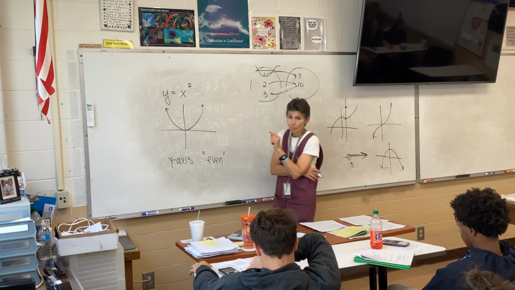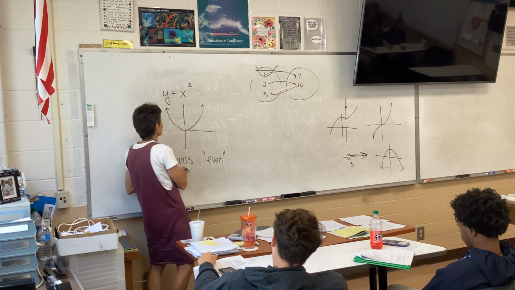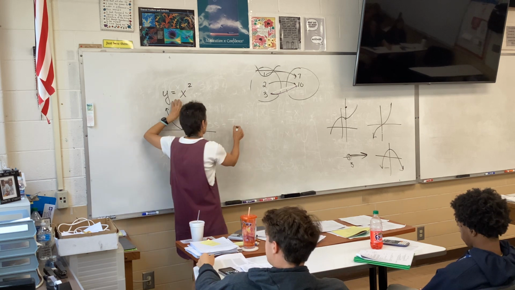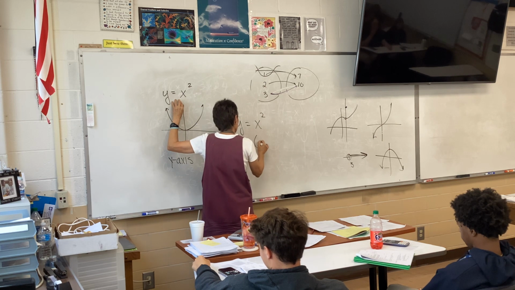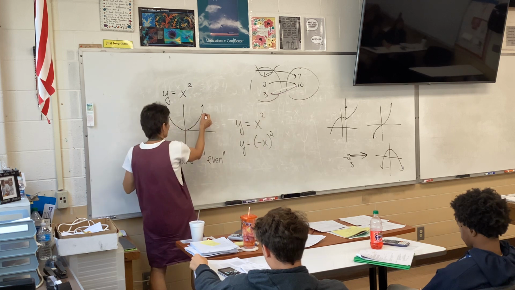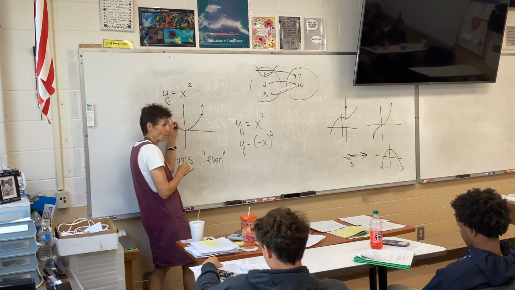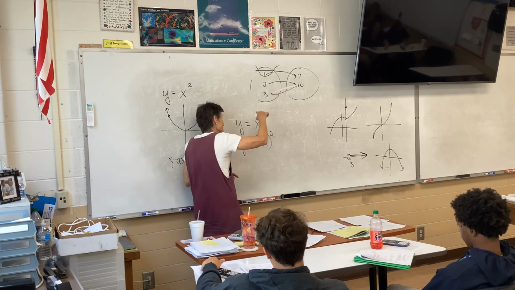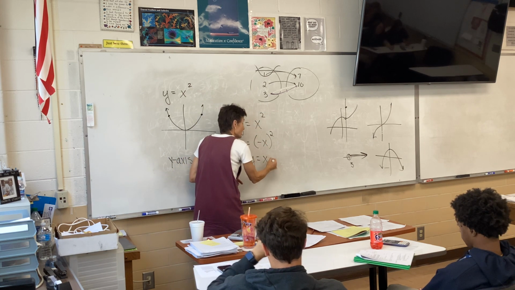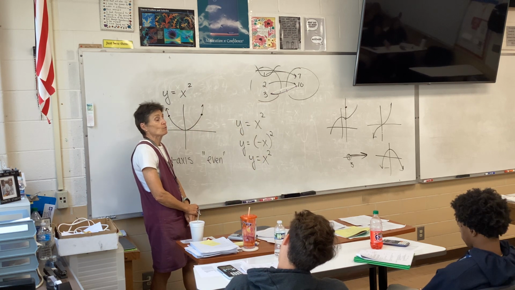The formal test for even functions, for symmetry to the y-axis, is: take your equation, here's my original equation, now change the sign on x. In other words, take this point right here and see what happens to its sister point, negative x. If this is exactly the same equation as this, which it is, right? Then you have symmetry. That's your test for symmetry about the y-axis.